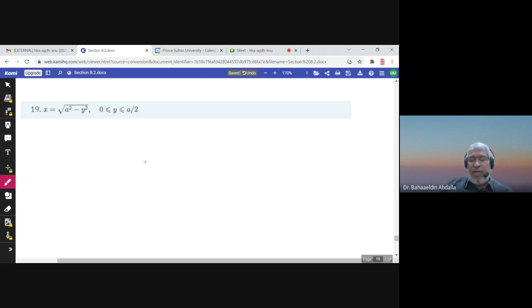Integral rotation with respect to the y-axis. So the surface area is given by the formula integral 2 pi x ds. Well, here he gave me y values, so I will choose the integral with respect to y, and then I must have (dx/dy) to the power 2, and y is from 0 to a/2.